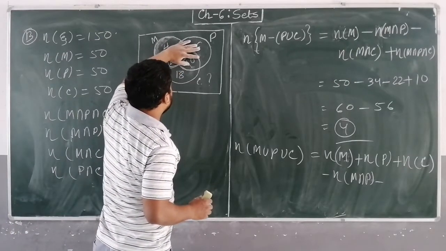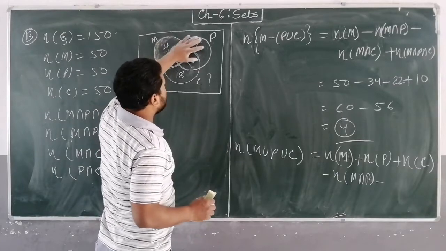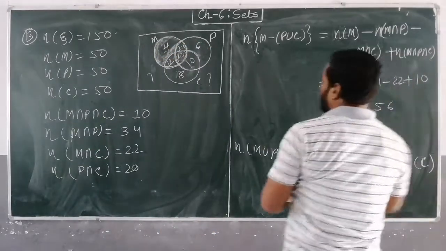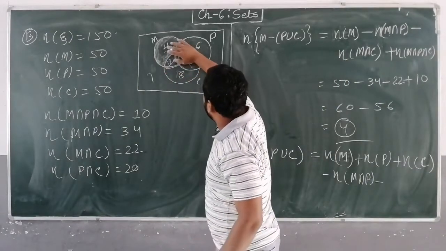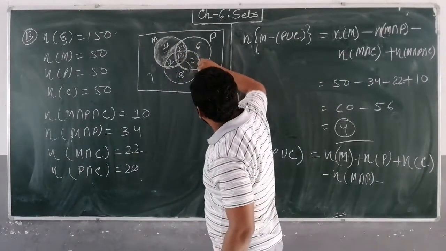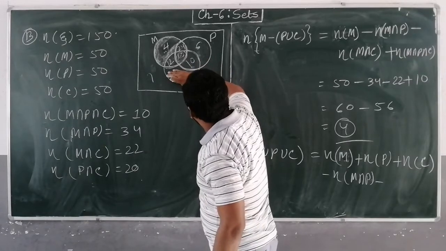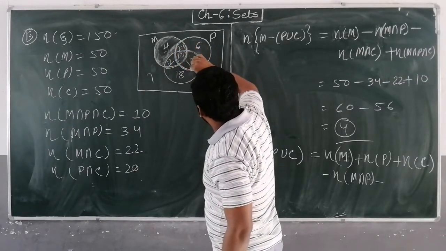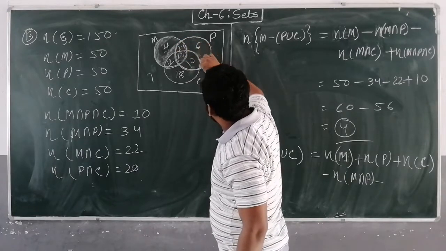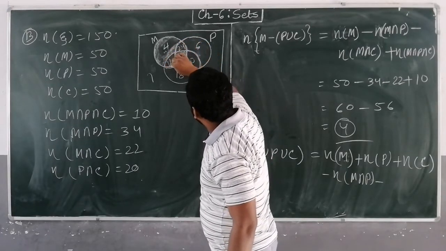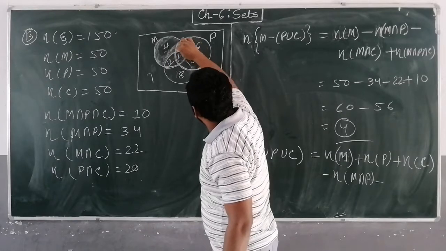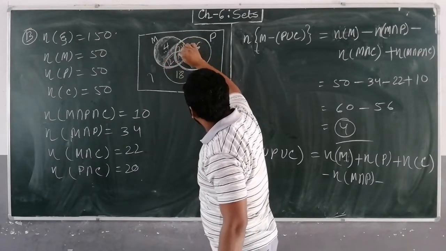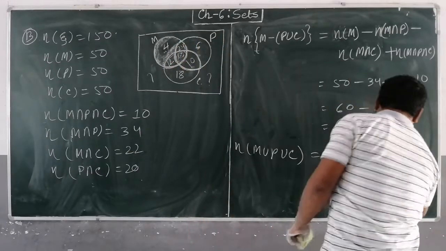So this part is done now. n of M plus n of P minus n of M intersection P means n of M union P, that is taken. So only this part is left. But we have taken already this total C. So from total C you have to subtract this part and this part. Okay, so we subtract this part and this part, then add this part again. So what will that be?